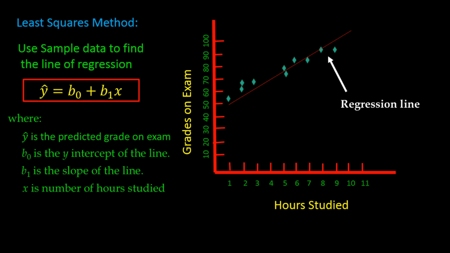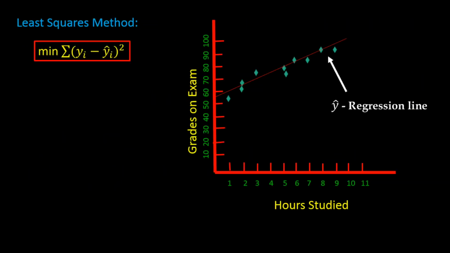Okay, so let's try to get that line using the least squares method. What we will do is find the line that fits the data the best. That line, the y hat regression line, fits the data the best when the distance of each of the data points is at its minimum distance from the line. In other words, you want to minimize the distance of each yi from each corresponding y hat.